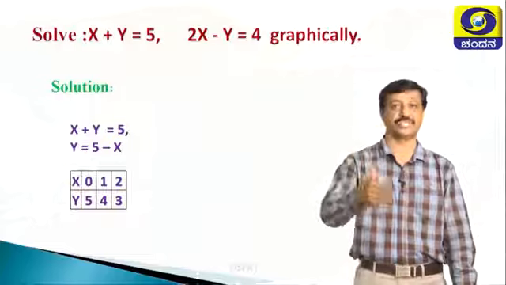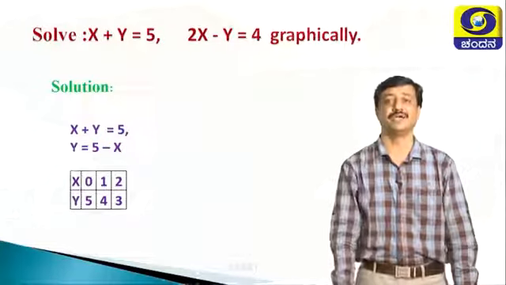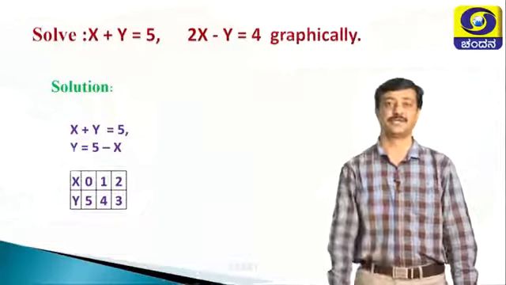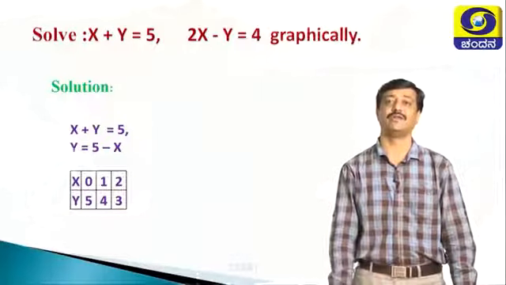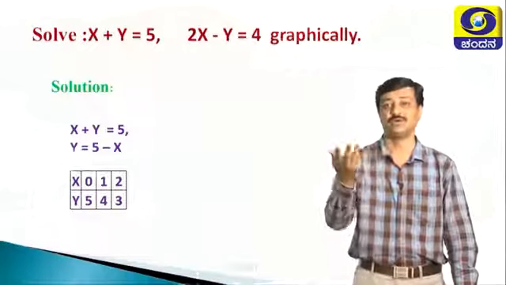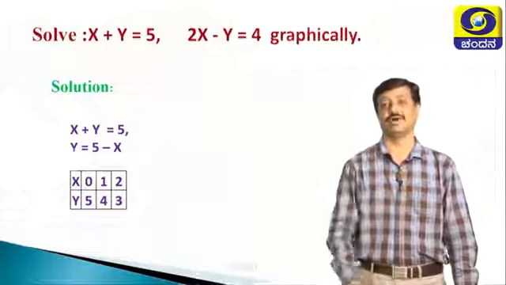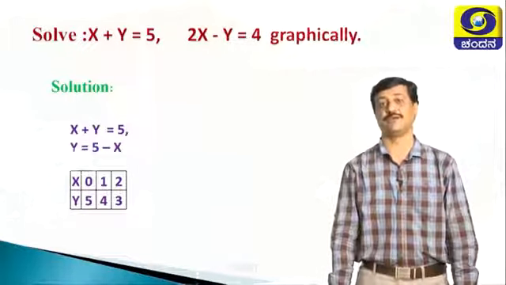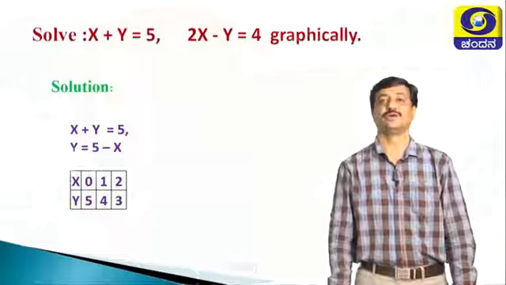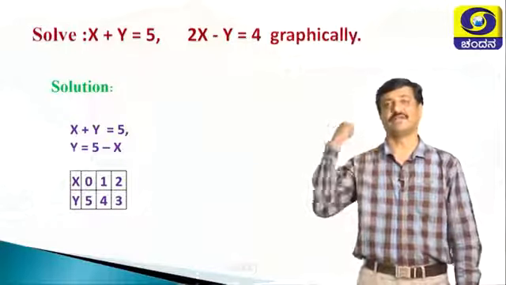If you substitute x value as 0, you will get y value as 5, and if you substitute x value 1, you get y value as 4, and for x value 2, you will get y value 3. Now, here are the 3 points. We are going to locate these 3 points on the graph sheet.